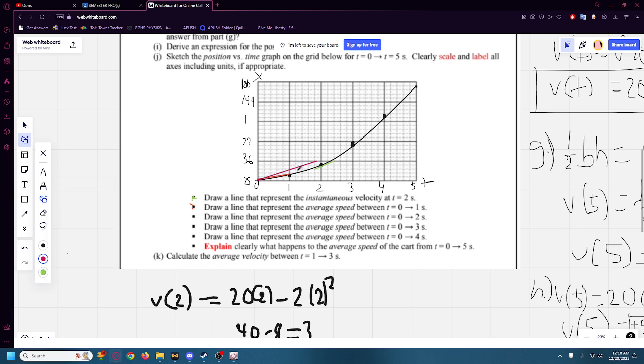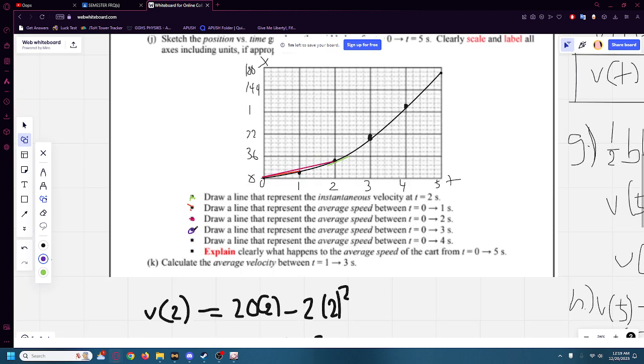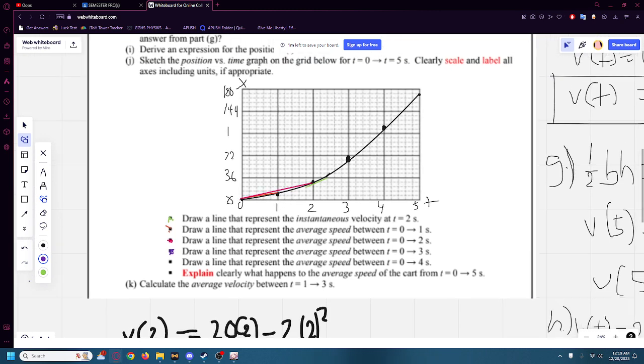Magenta is from 0 to 2. So this one says from 0 to 3, so it should be about here.